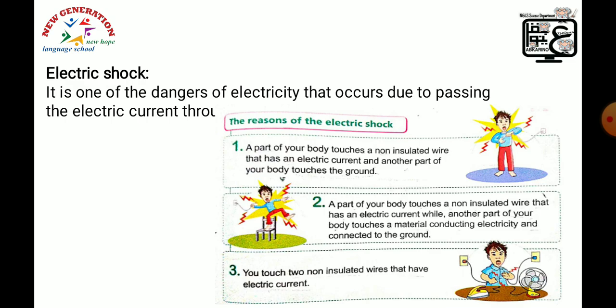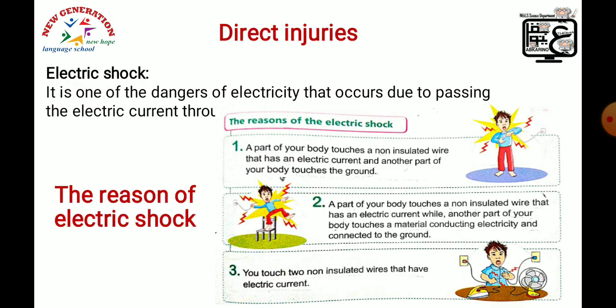Number one, a part of your body touches an uninsulated wire that has electric current, and another part of your body touches the ground. Number two, a part of your body touches a non insulated wire that has an electric current, while another part of your body touches a material conducting electricity and connected to the ground.